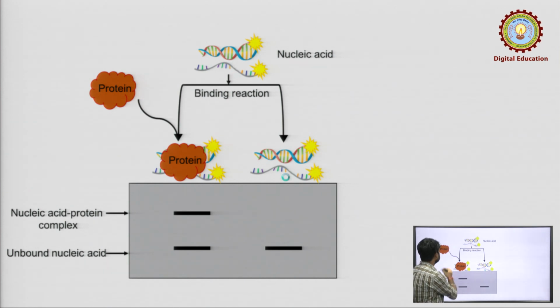Here we can see the protein is interacting with our DNA, and this is the binding reaction, these are buffer conditions. Here we can see the movement is retarded. Why? Because the DNA becomes heavy after interacting with protein, the molecular size of the DNA is increased. So, it will not move as fast as compared to the simple nucleic acid, which is not interacting with our protein.